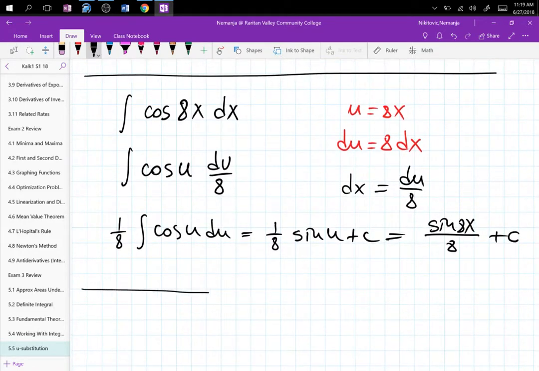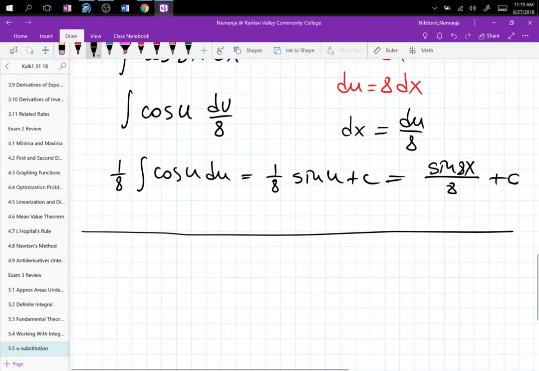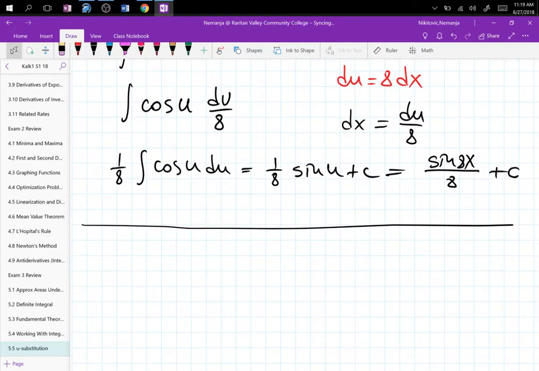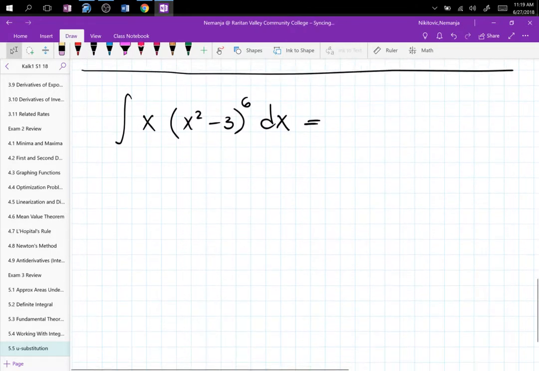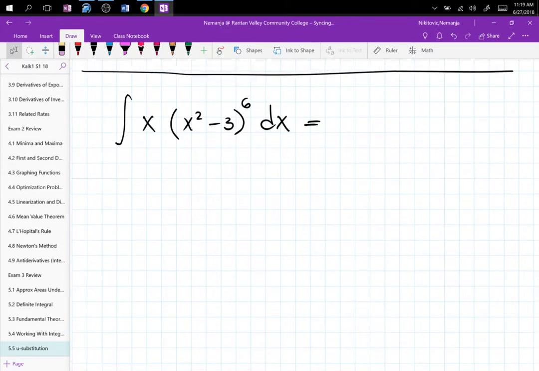All right, so let's see how you fare. How about the integral of x, and then we have x squared minus 3 to the 6th power dx. This is a tricky one here, but you might be able to pull it off.